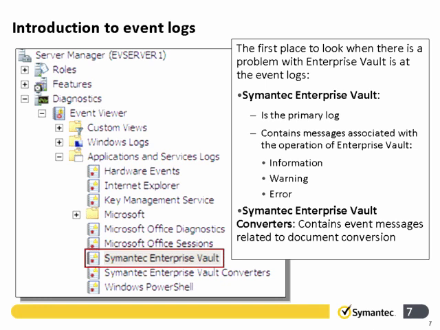As with most common event logs, we're going to go through and look at the information, warnings, and errors that are occurring in the particular event logs associated with Enterprise Vault. Now, the primary log, or the one to start off with, will be the Symantec Enterprise Vault log, because it will have the majority of errors that occur in an Enterprise Vault environment.